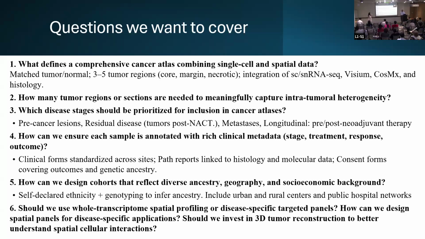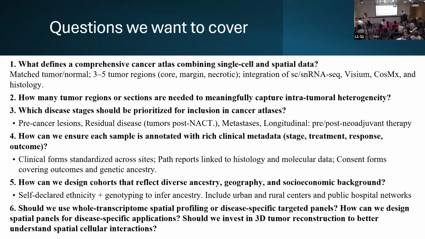As you may have heard, the Human Cell Atlas is moving forward to include a Disease Atlas. Our main goal here is to think about what this cancer-related atlas would look like. How do we envision this atlas to be a representation of diverse people, diverse cultures, and diversity of exposures?